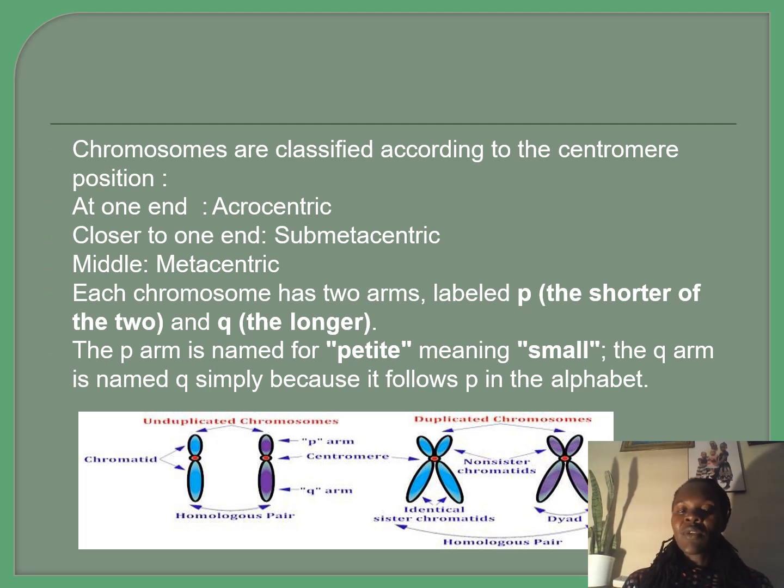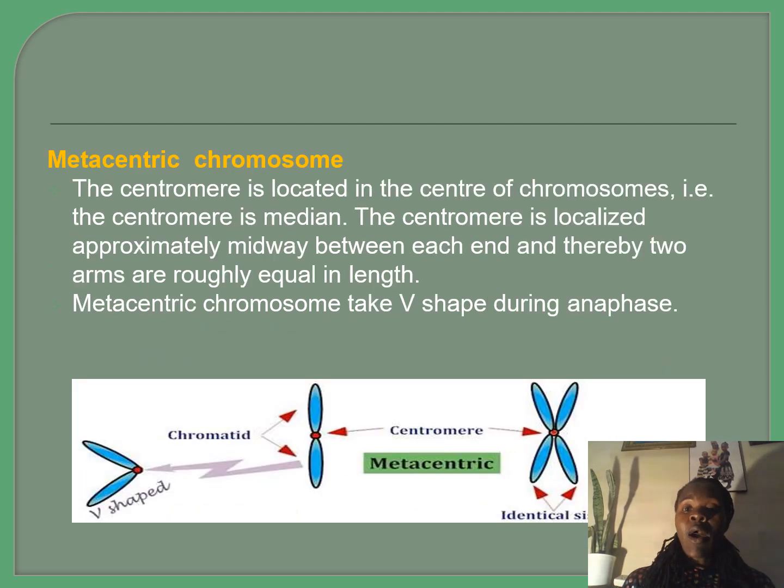The last one is telocentric. So we are going to look at each one of them. We are still talking about the P being the short arm, petite, the French word for small. Then the Q will automatically go for the long arm.